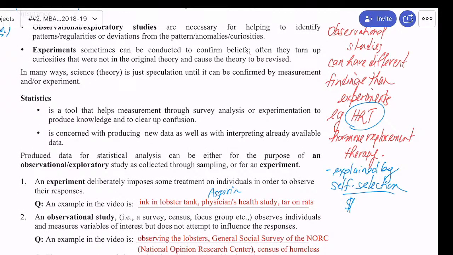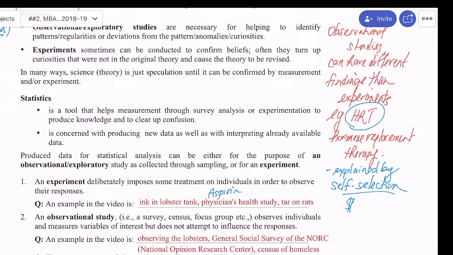Examples of observational studies include the surveys or census or focus groups that were displayed in the video. In the observational study, the individual is observed and variables of interest are measured, but there's no attempt to influence any responses from the subjects.